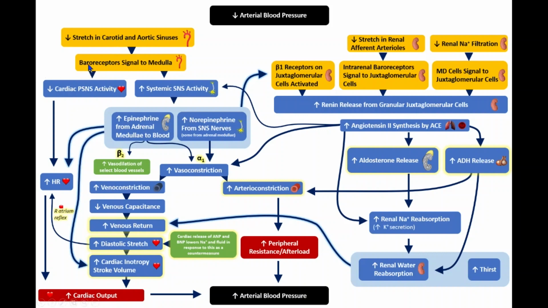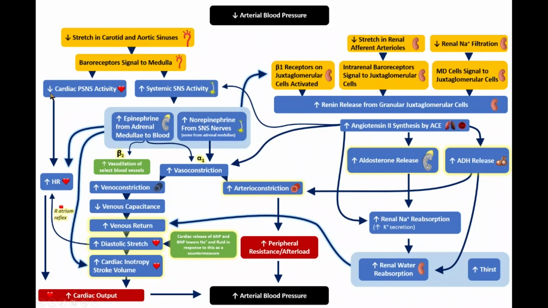The baroreceptors are pressure receptors. They are embedded in those blood vessels, but they signal to the medulla in the brainstem, and then the brainstem has to have some kind of reaction to that to try to correct whatever the issue is, in this case, low blood pressure. So the first thing that would happen, and don't worry, we're going to jump to the other side later, but I'm going to stay on this side for now.